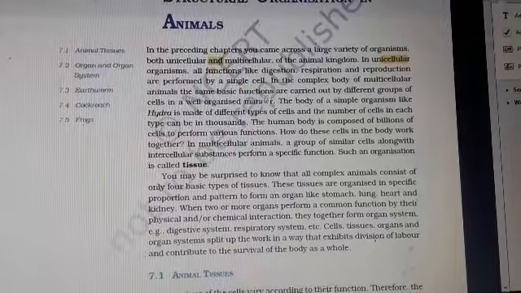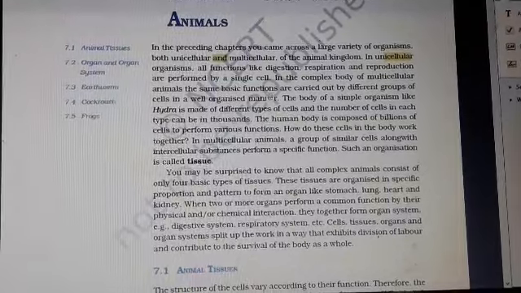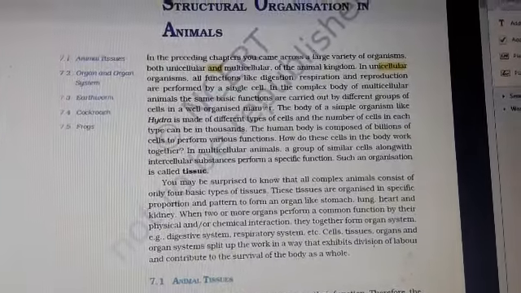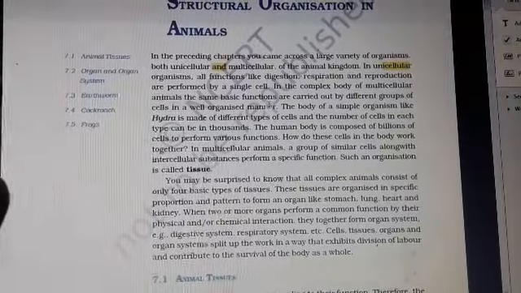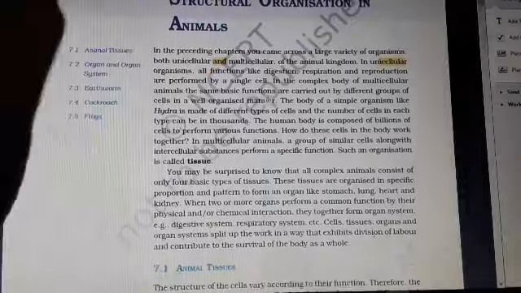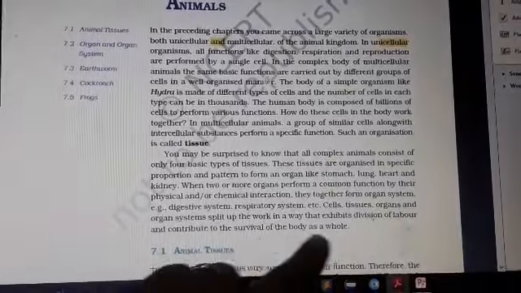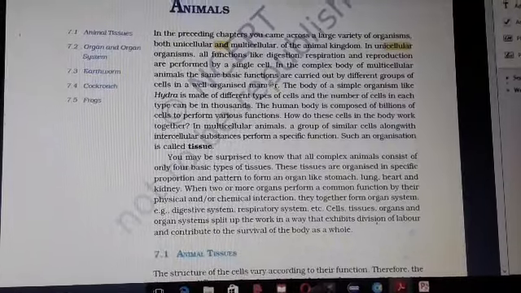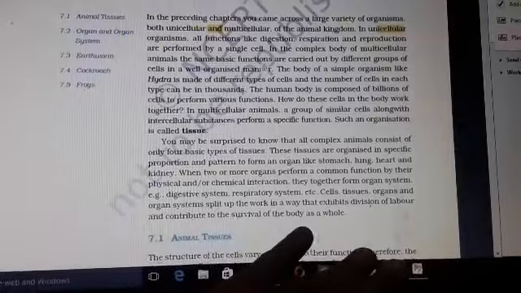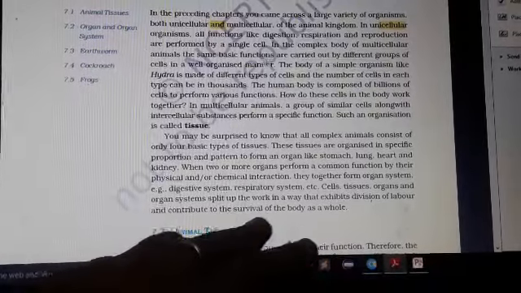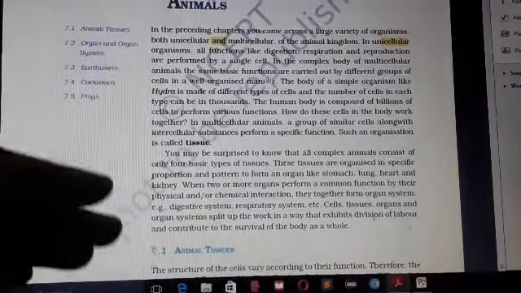Like if a person does all the household work and all the job work, it's not possible for him to do that. It is the same in the body. So cells, tissues and organ systems divide their work, and this is called division of labor, and it contributes to the survival of the body as a whole. Without this, a body as a whole is not possible.